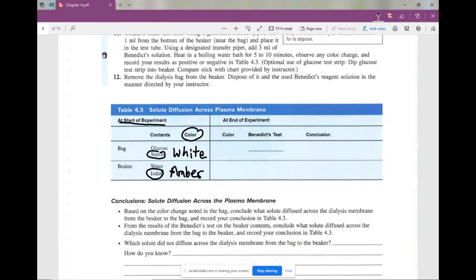At the end of the experiment, though, the color of the bag is now purple. We'll call it purple. That's fine. And the color of the water in the beaker is still amber.